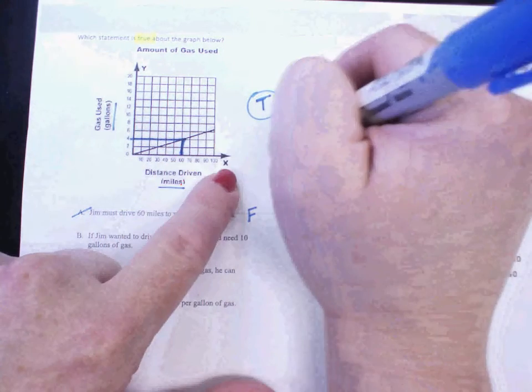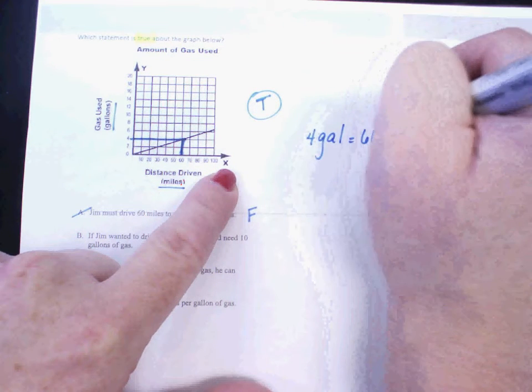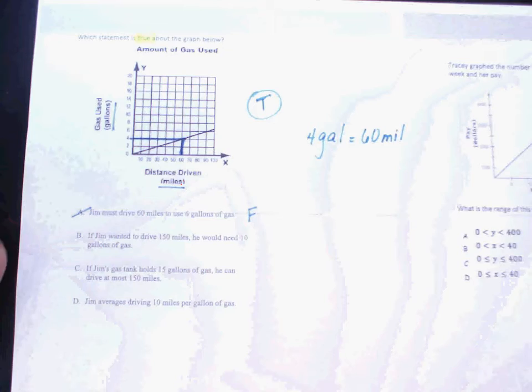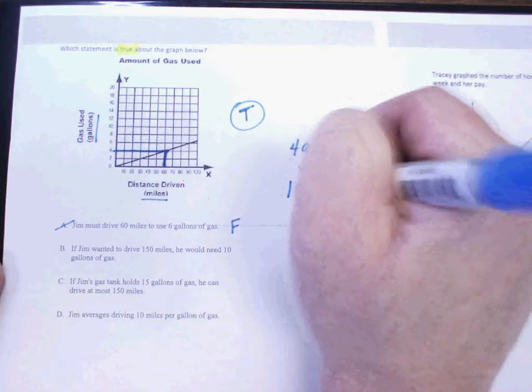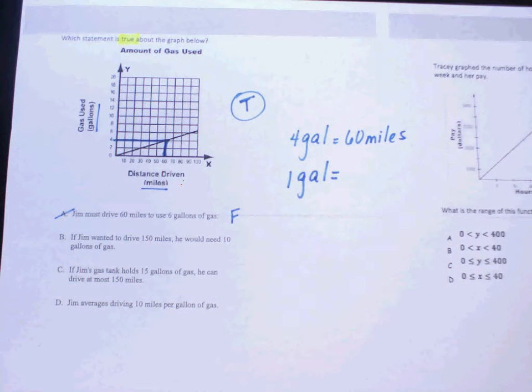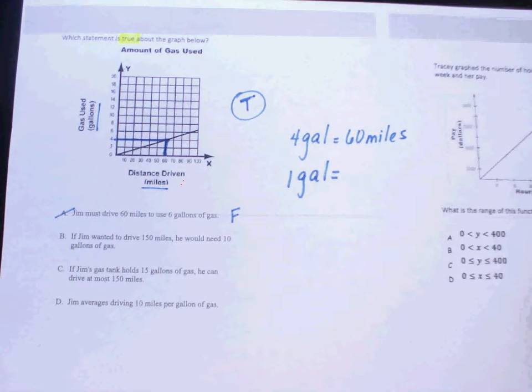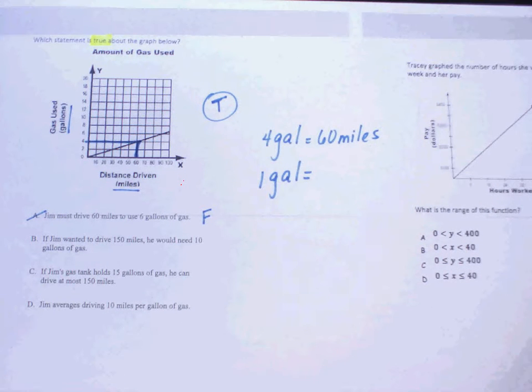So if 4 gallons equals 60 miles, how much is 1 gallon? How much is it? 15.